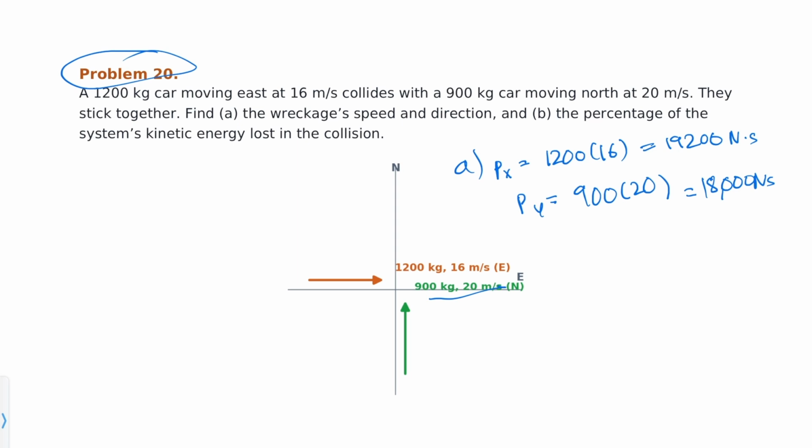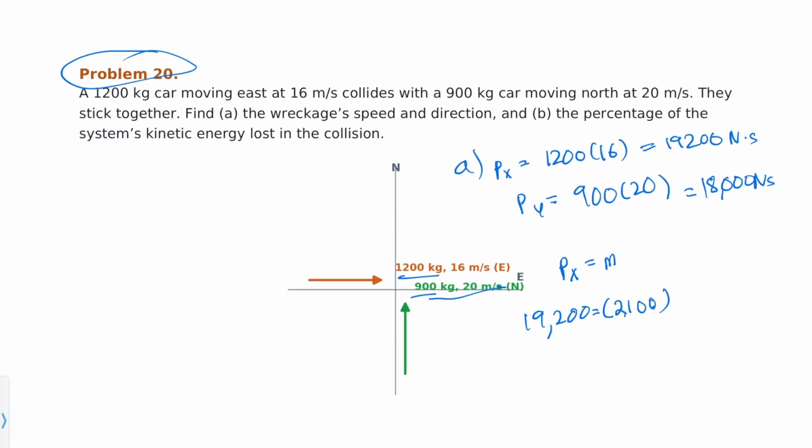In order to find the final speed and direction, Px is going to stay constant, right? Very similar to what we did before, even after the collision, because of conservation of momentum, it is equal to these two added up, which is 2100, right?